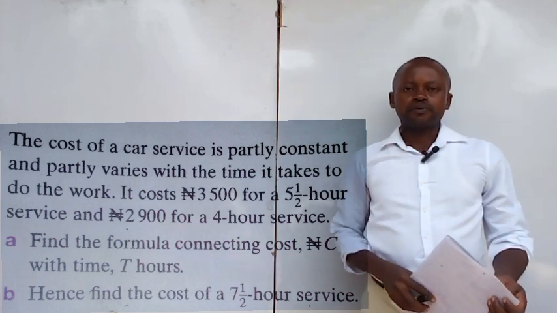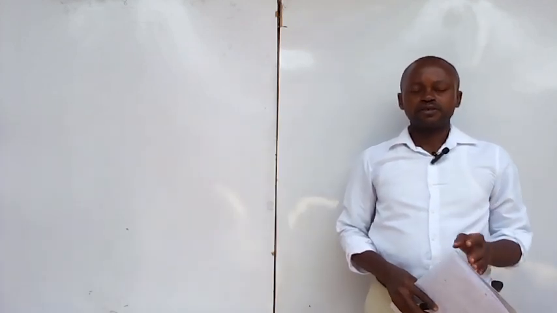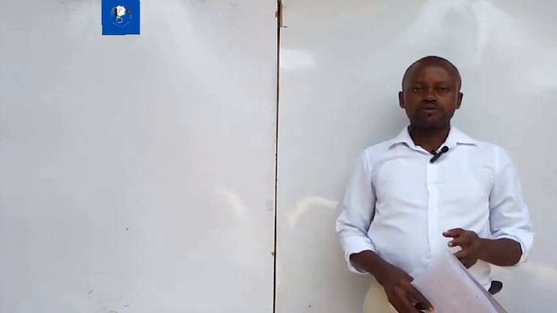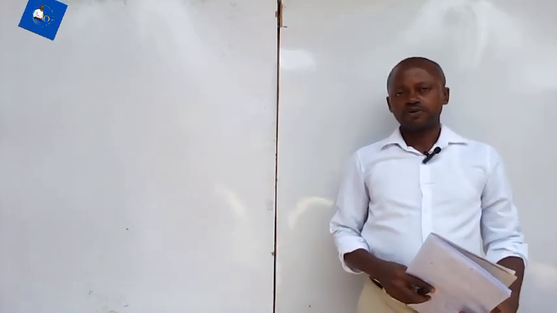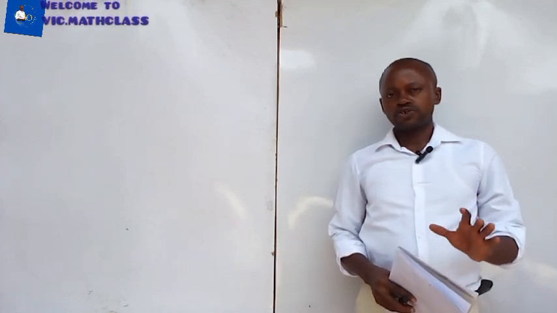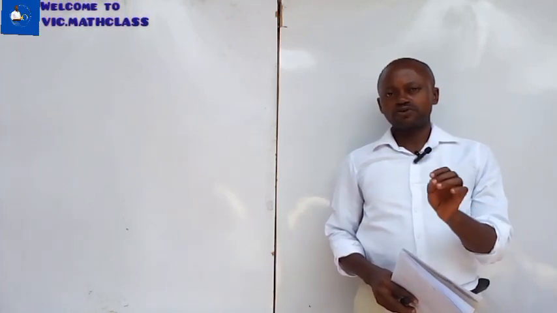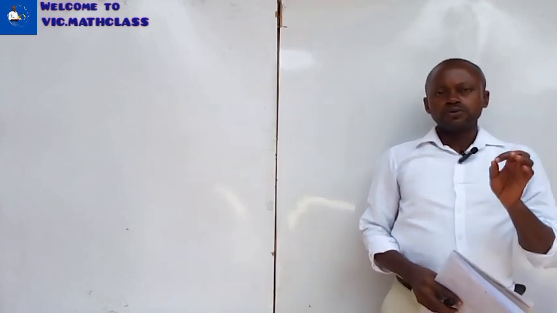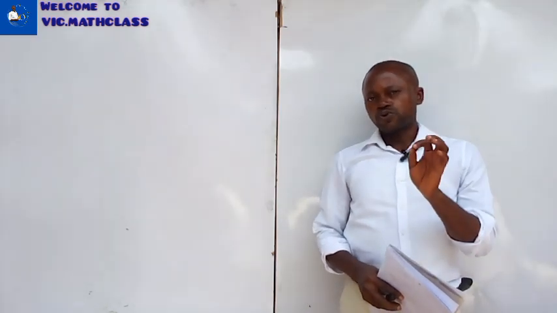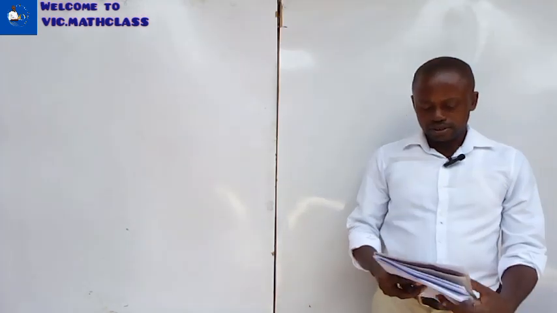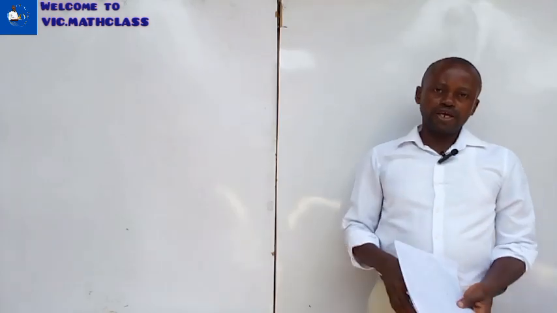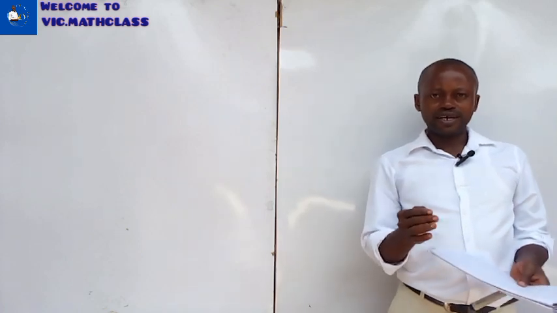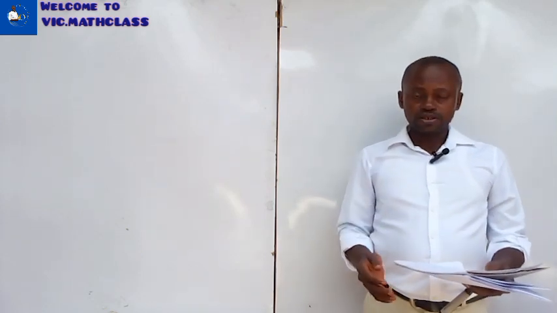Recall that, like in the previous class, which you need to check out, we have made an explanation around partial variation. We say that partial variation is a situation whereby a quantity is depending on two other quantities. I gave an example. In this partial variation, we have two constants. I am going to use A and B as my constants, and you can use C and K as the choice may be.